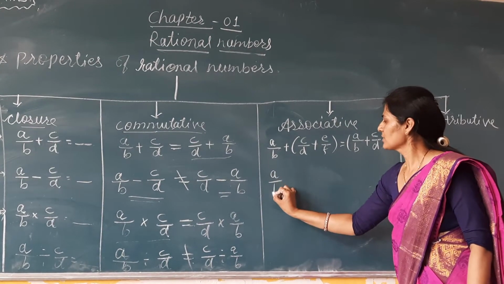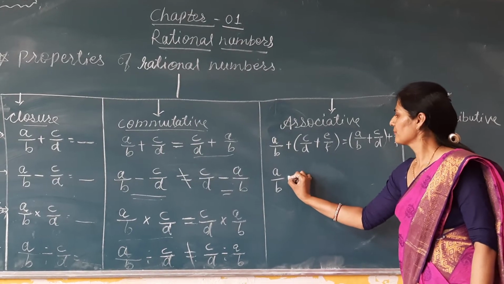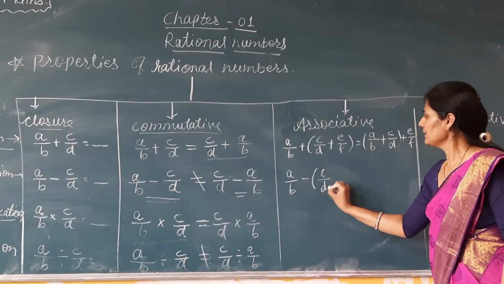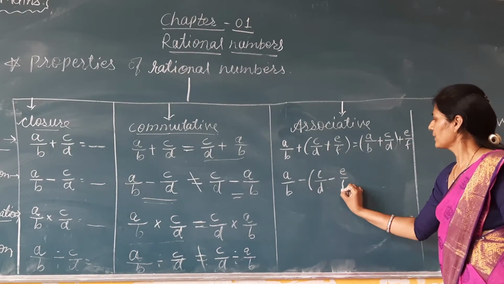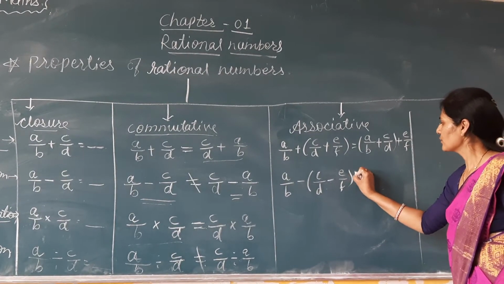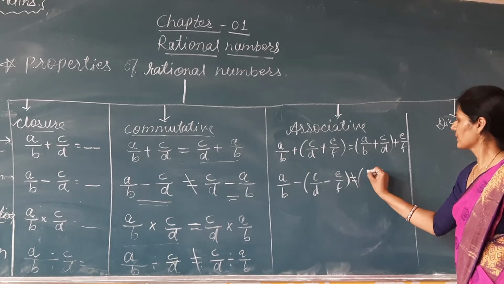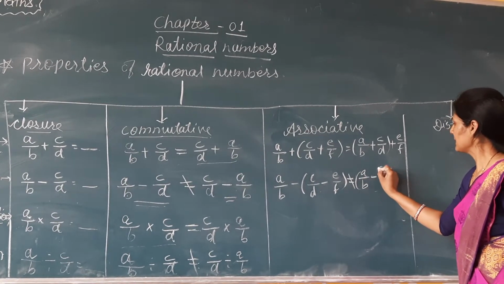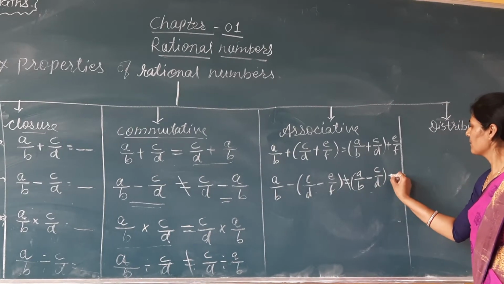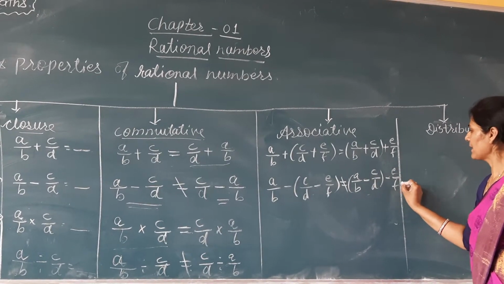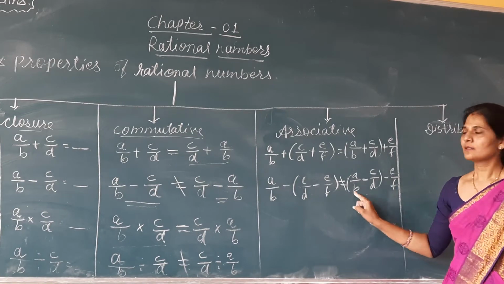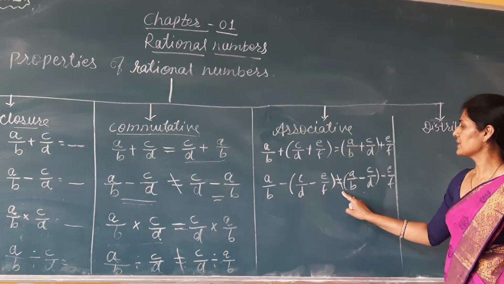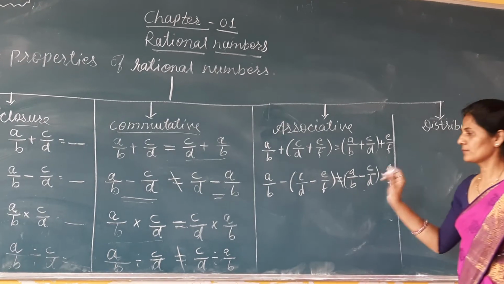Then for subtraction, A upon B minus C upon D minus E upon F is not equal to A upon B minus C upon D minus E upon F grouped differently. इसका मतलब है rational numbers are not associative under subtraction.